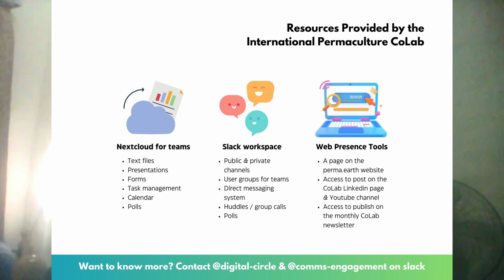So all of these are at the disposal of micro enterprises. Also available for free is a page on the CoLab website, together with all the other services that are being provided. So these are like marketing and digital tools that we provide, and we make sure that hopefully they're going to be provided in the longer term, so that people can keep using them.